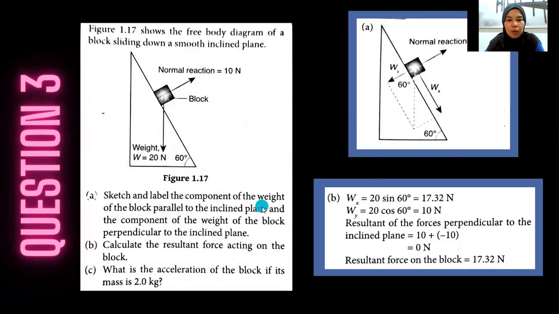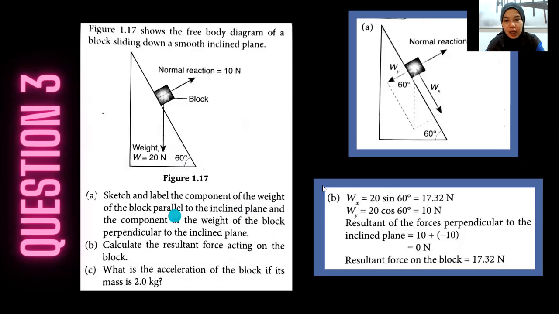Sketch and label the component of the weight of the block parallel to the inclined plane and the component perpendicular to the inclined plane. Same as our previous example, you need to resolve the weight because the weight is neither in the x axis nor in the y axis.